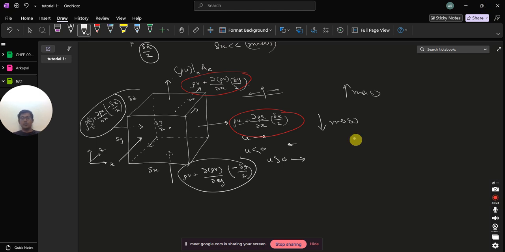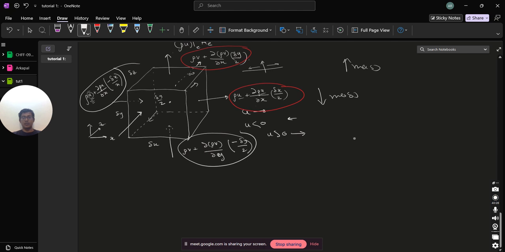Now let's put all these things together and see what we get. Initially we got the first part of the conservation of mass, that is the rate of change of mass per unit time times del x, del y, and del z, which is nothing but this in the x direction.